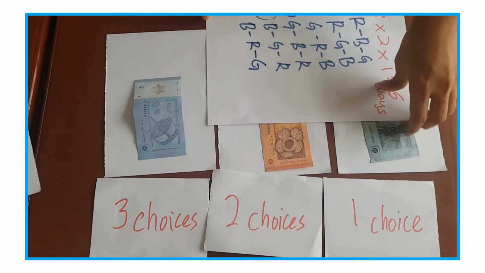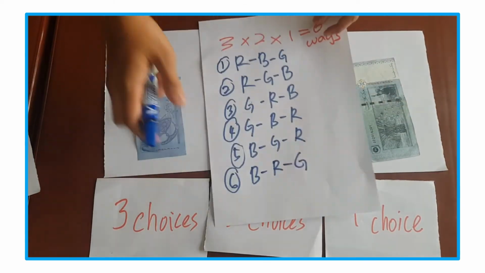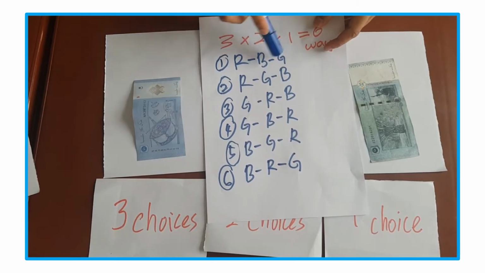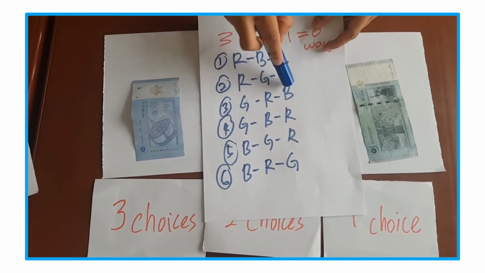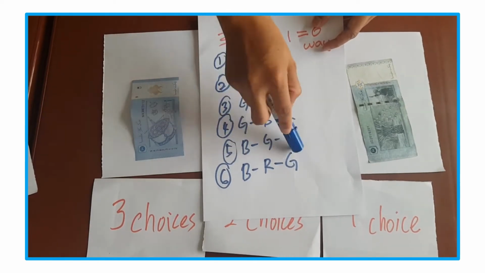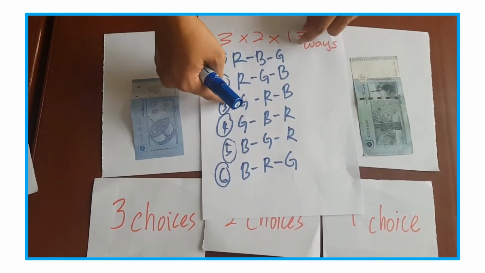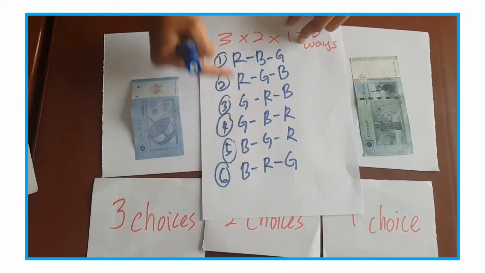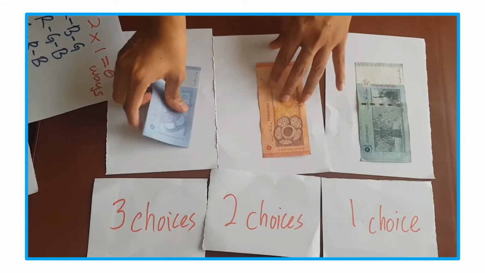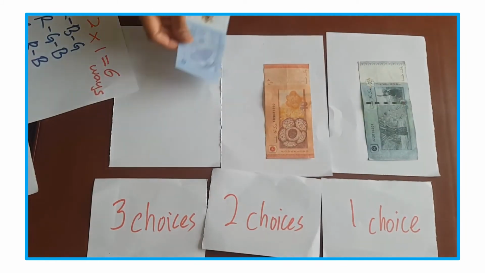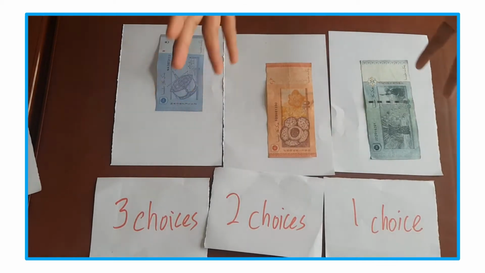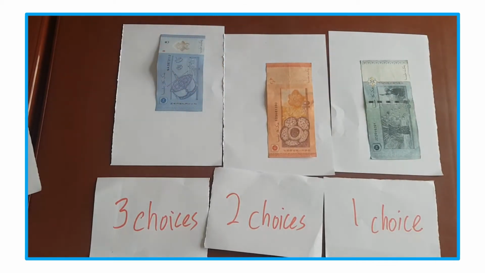So now you see we have 6 ways of arrangement: red, blue, green; red, green, blue; green, red, blue; green, blue, red; blue, green, red; blue, red, green. So you see there are 6 different patterns to arrange these 3 different color knots. Understand? That is the simplest example.